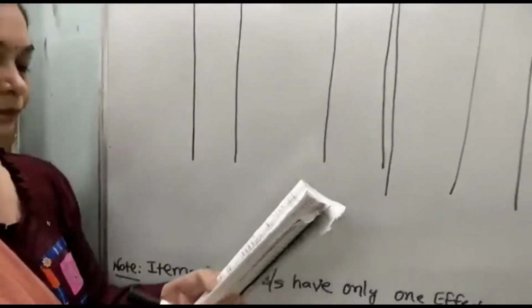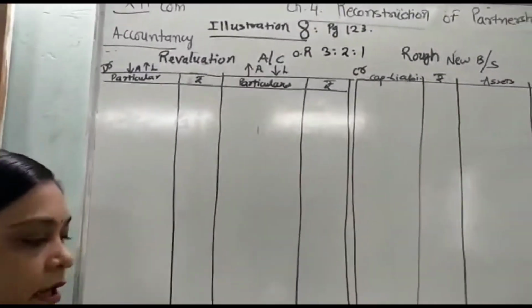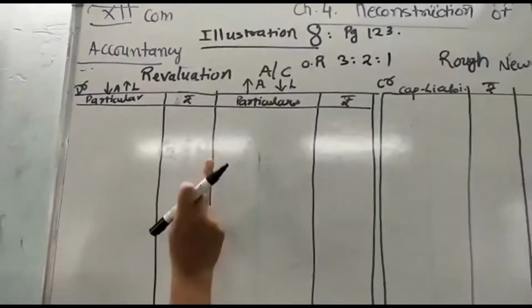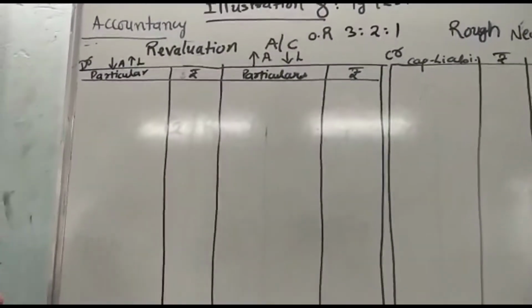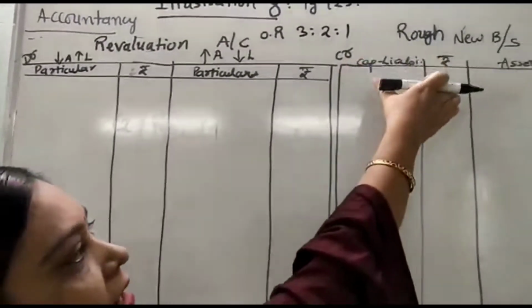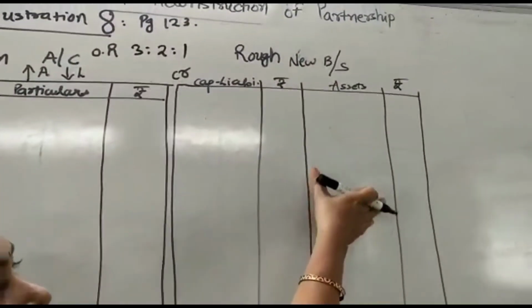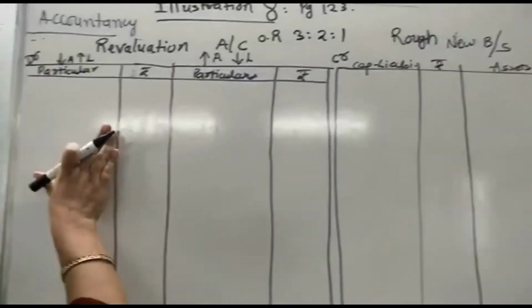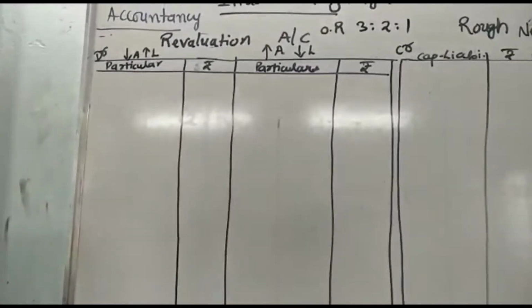Let us start. Page number 123. There are 3 partners, Harish, Dhruvil and Manoj, and I have made their balance sheet roughly over here to take the decision where another effect will be given in the revaluation account.